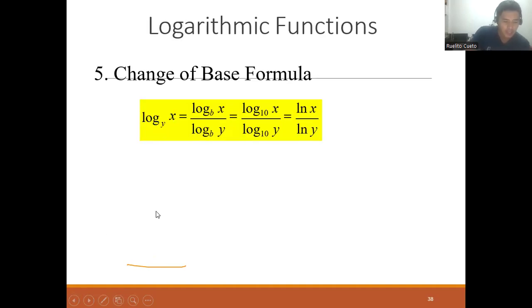Another property, this is for number 6 property, log of 1.